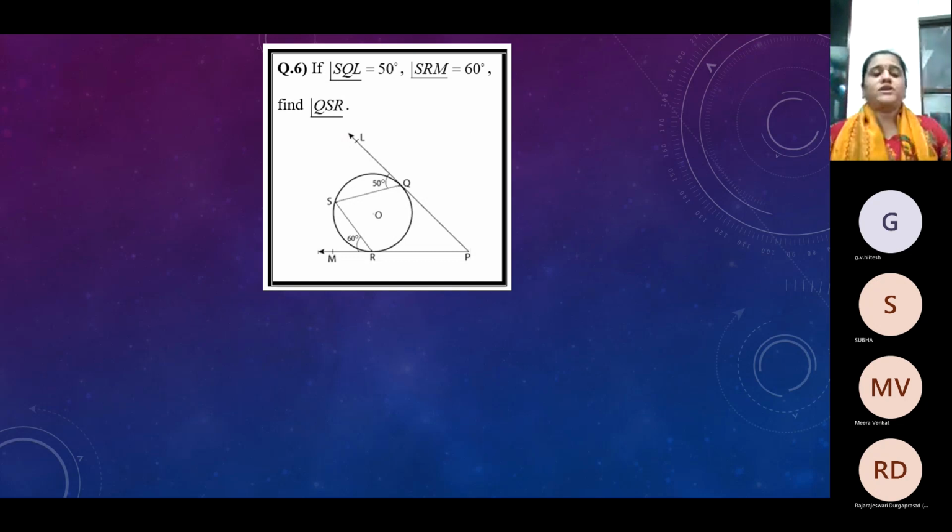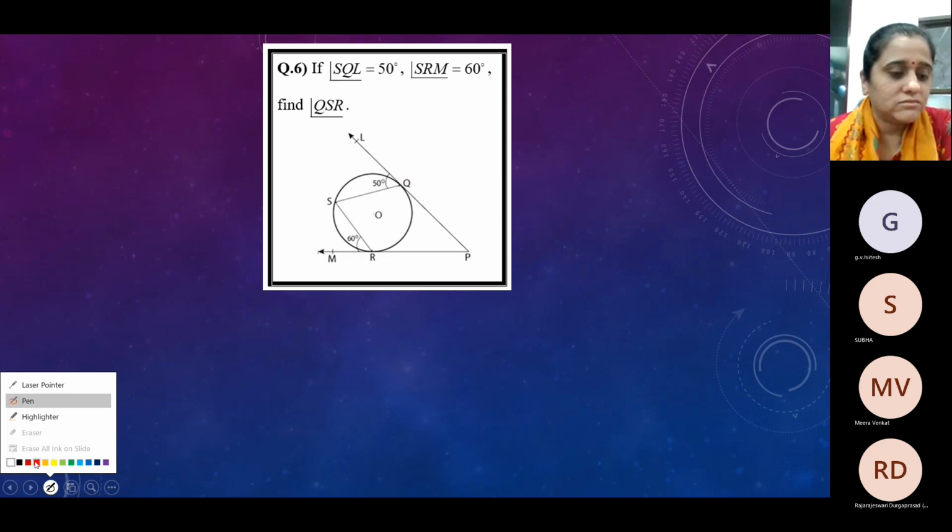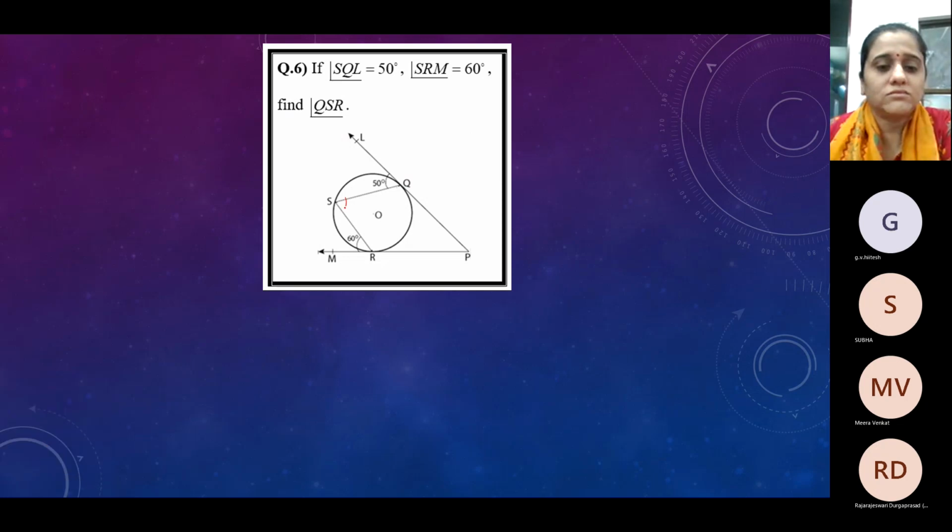We need to find angle QSR. QSR is this one.